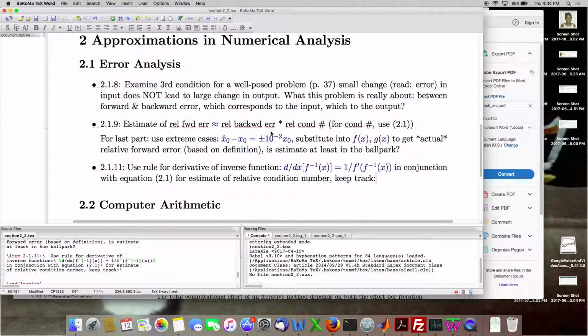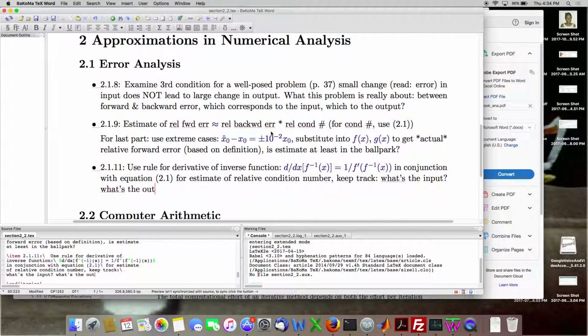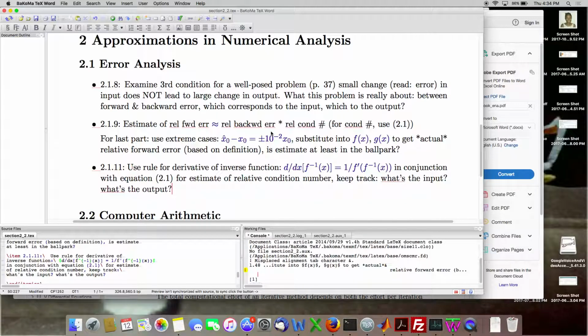And keep track: what's the input? What's the output? Because this problem, because it's working with the inverse function, is meant to scramble your brain a little bit and force you to really think it through. In generic terms we're saying here's your input x, here's your output y, which is f of x.